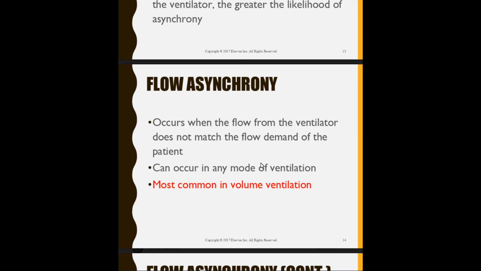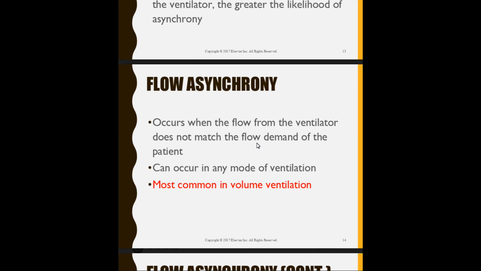We have flow, and I drew you guys the flow time scalar and how it looks on a graph. But normally what happens is that the flow that we set is not meeting the patient's demand.